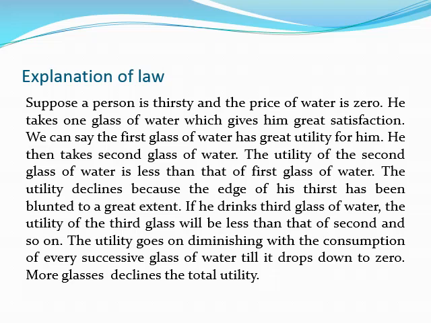He takes 1 glass of water, so we assume that he spent 0, which gives him great satisfaction, very great satisfaction, because he is very thirsty. Now we can say the first glass of water has great utility for him.